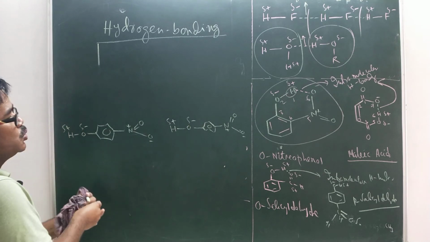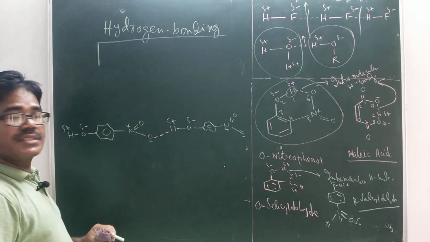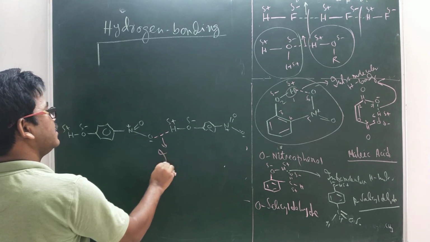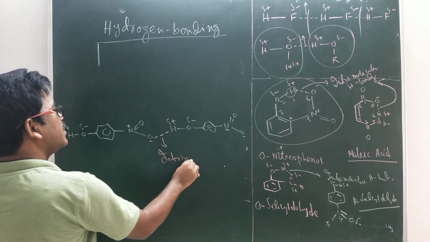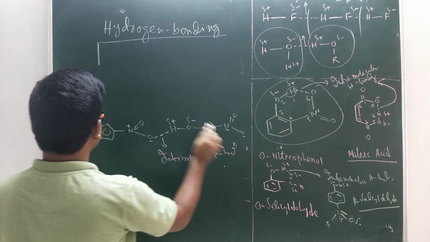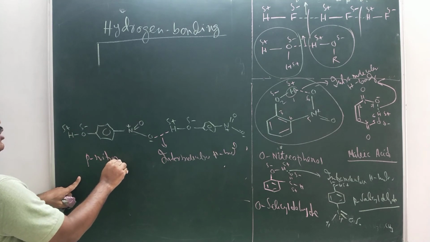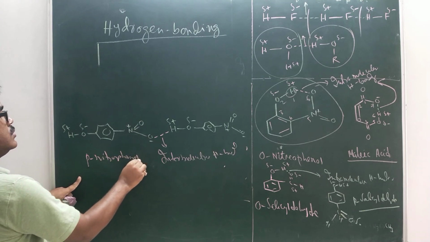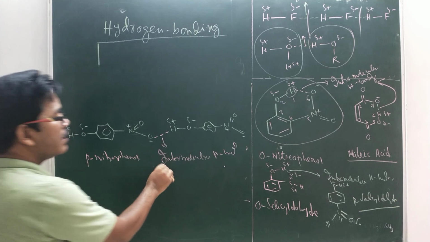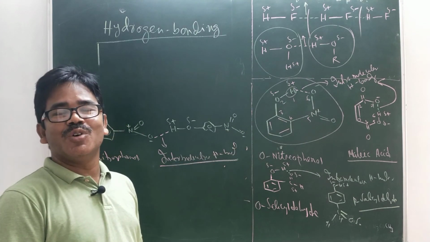Therefore, between these two molecules, what kind of hydrogen bond is it? Intermolecular hydrogen bond. This is also paranitrophenol, with intermolecular hydrogen bond, but the orthonitrophenol has intramolecular hydrogen bond.